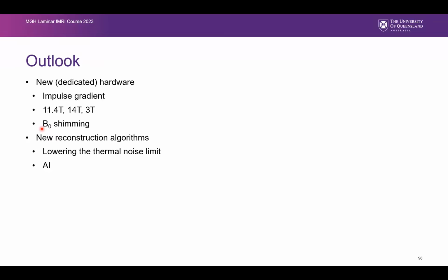Yes, and I put AI here. I've just seen some pretty cool pictures from first tests, so I can't show them. But I think Renzo will also talk about NORDIC. Everything that brings down our thermal noise limit is actually easier, I think, than reducing physiological noise, because engineers deal with thermal noise all the time, so they know exactly how to deal with that.